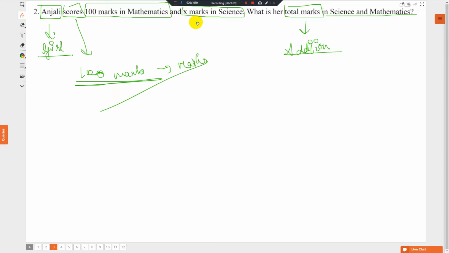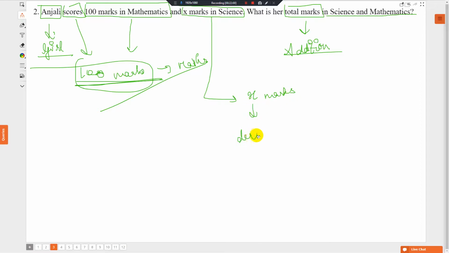While she scored 100 marks in mathematics, she had also scored x marks in science. x marks means we don't know how many marks she got. x denotes any number.